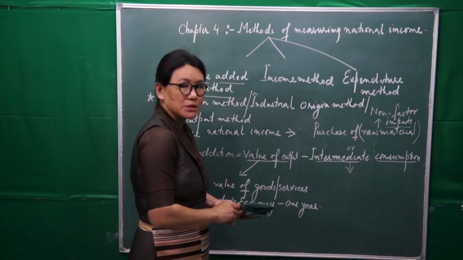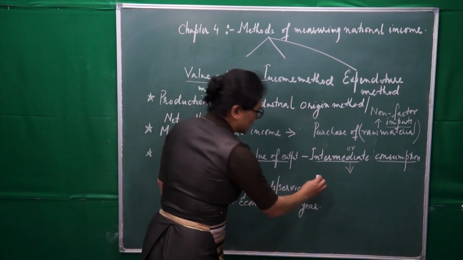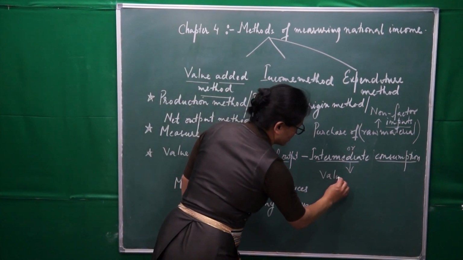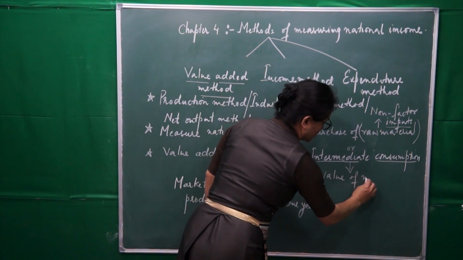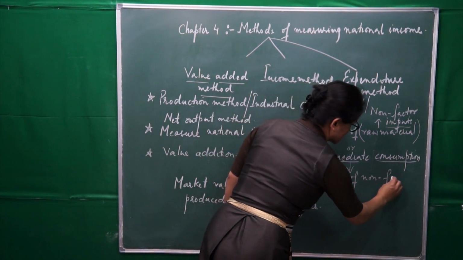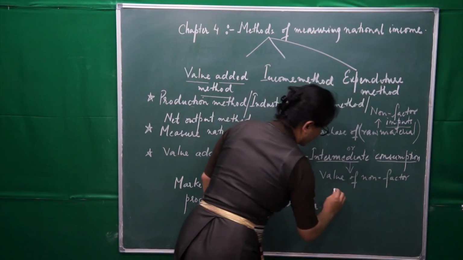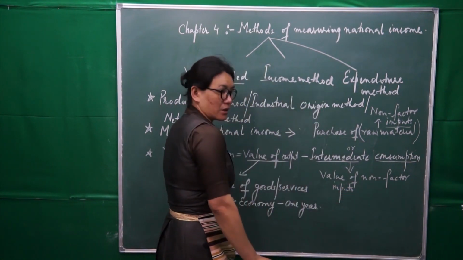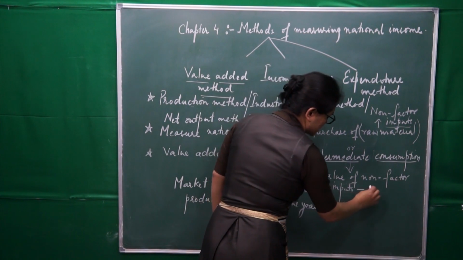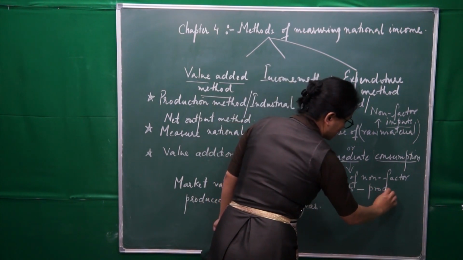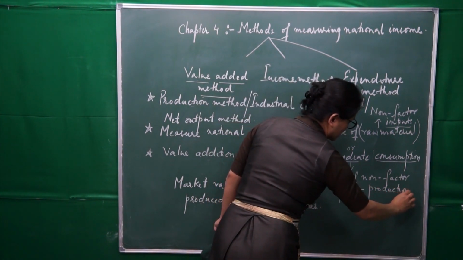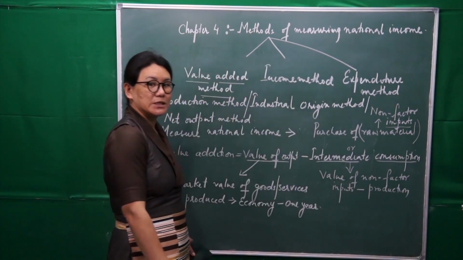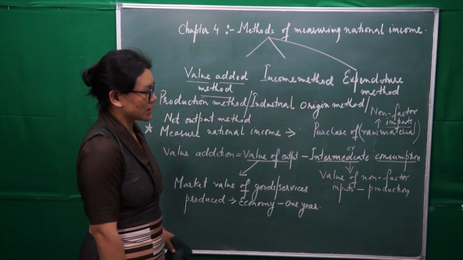Now what is this intermediate consumption? It is the value of non-factor inputs used in the process of production by the producer is called intermediate consumption. Is that clear?